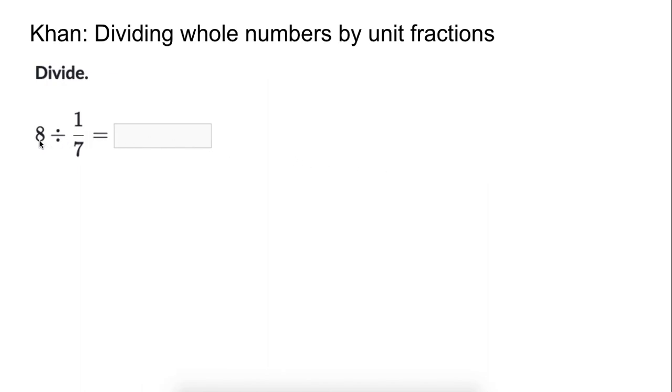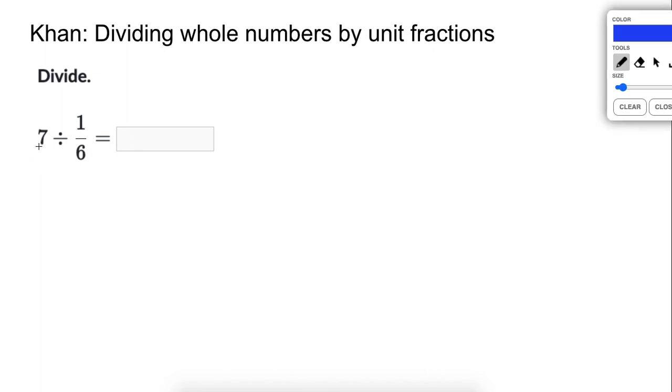So we end up with 7 divided by 1/6. So we're going to change our whole number into a fraction. So we end up with 7 over 1 divided by 1/6, and we can change that into a multiplication problem by taking 7 over 1 times 6 over 1, and that makes sense because every whole has 6/6 in it.